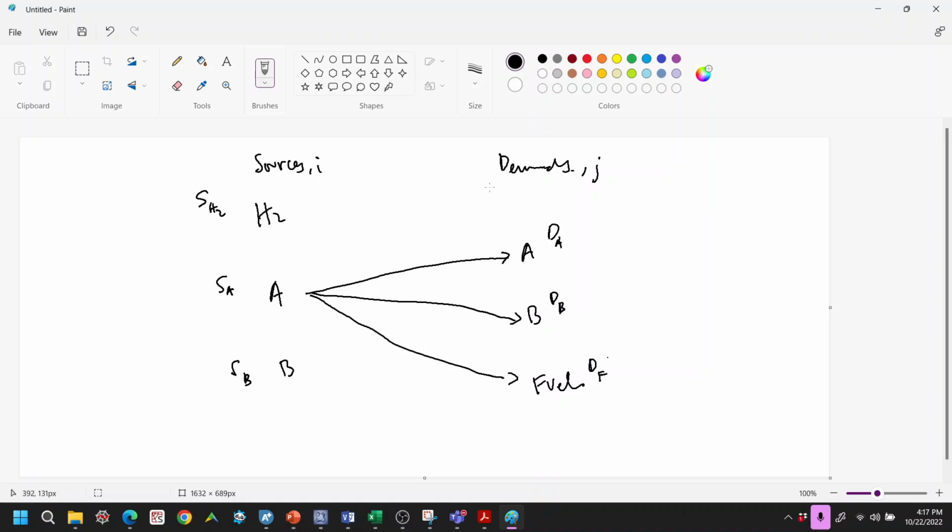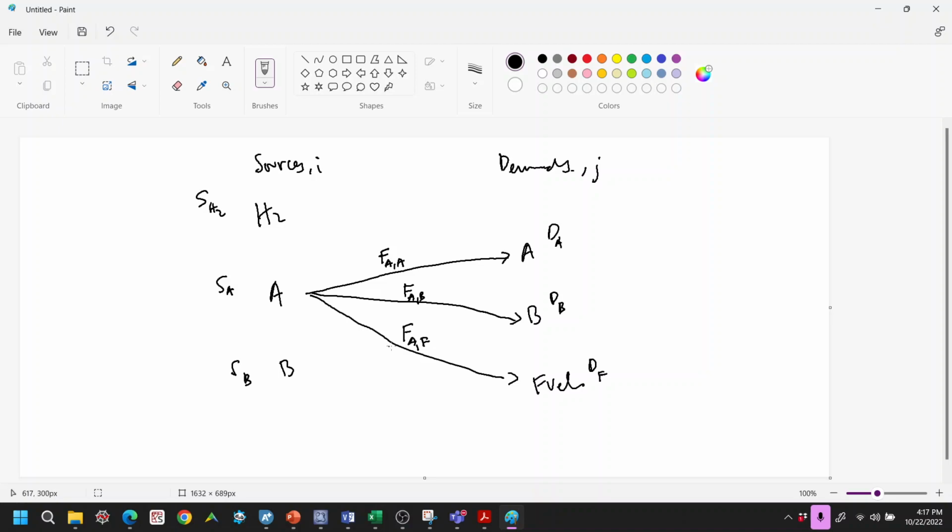And we can say for every A can go to this flow, for flow A to A, right? So this is then flow from A to A, and this one is also flow from A to B, and this one is then flow from A to fuel.